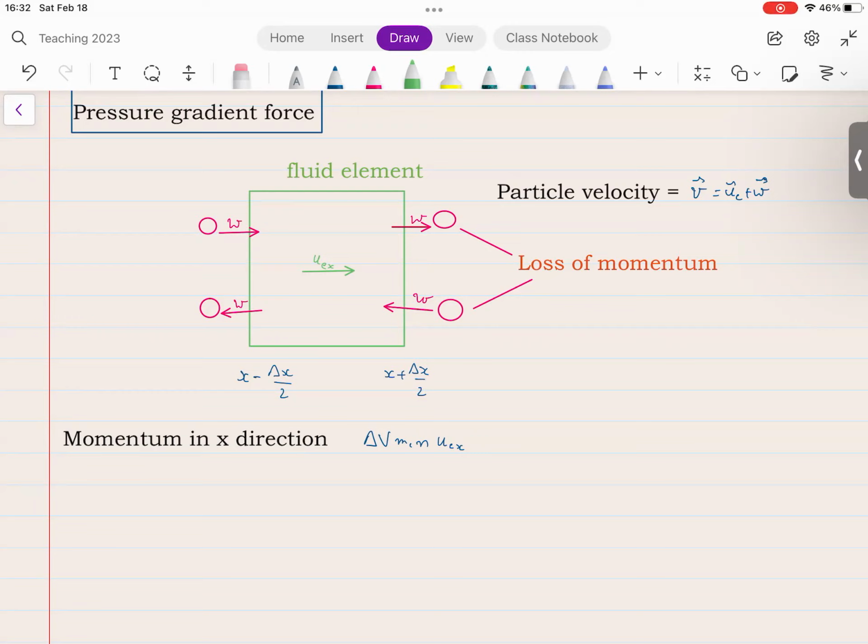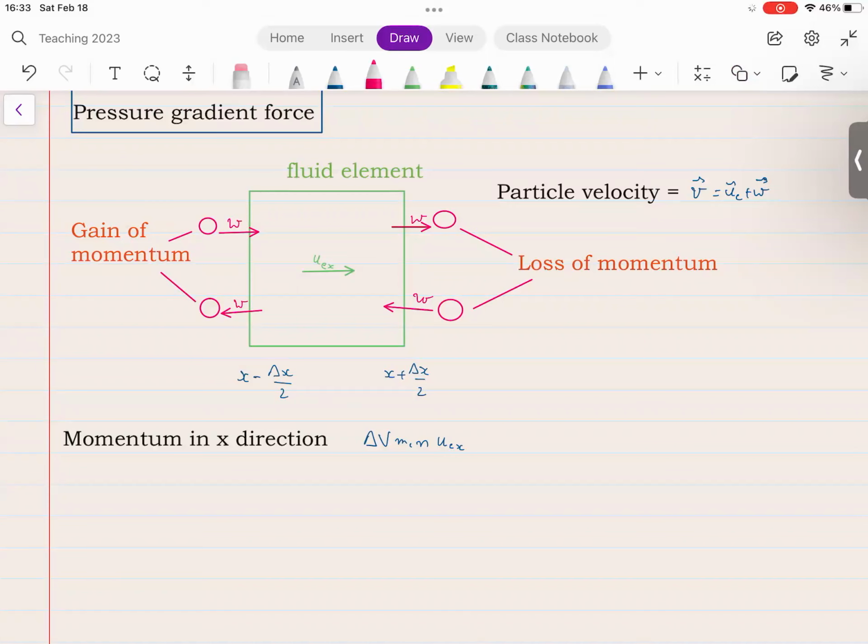Well, the exact same thing with the opposite sign. And the reasoning is exactly the same.